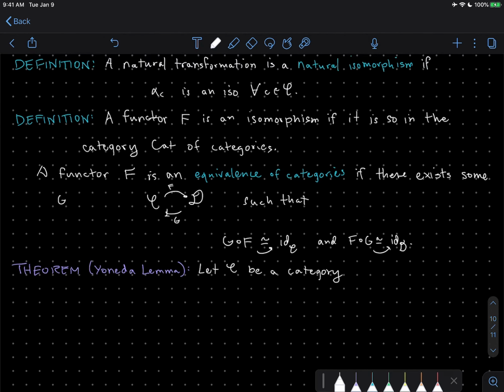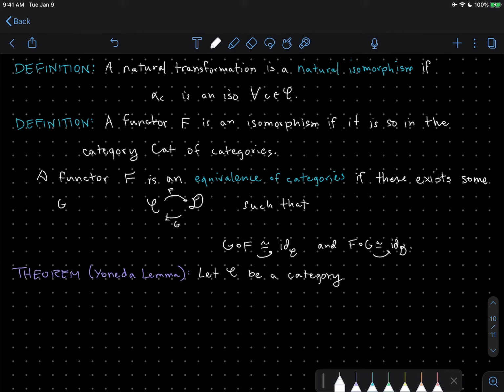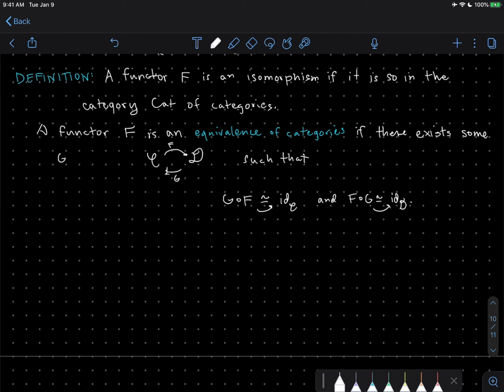Oh shoot, let me hold off on this for a second. I need to go back up and introduce one final concept. Bear with me. So, let C and D be categories.